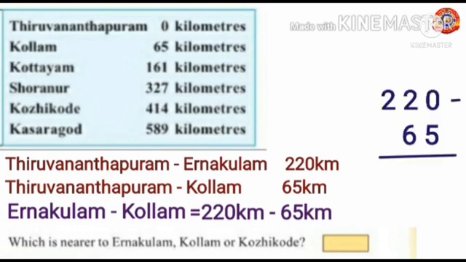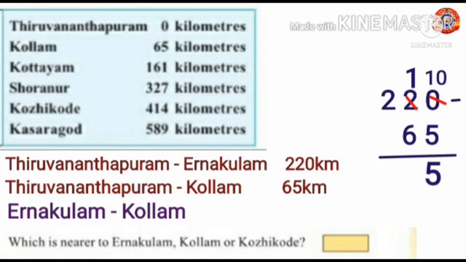We can't subtract 5 from 0, so borrow 1 from 2. 0 becomes 10 and 2 becomes 1. 10 minus 5, 5. Here again, we can't subtract 6 from 1. So, we have to borrow 1 from 2. 1 becomes 11 and this 2 becomes 1. 11 minus 6, 5. And 1 is here. 155. Therefore, the distance from Ernakulam to Kollam is 155 km.